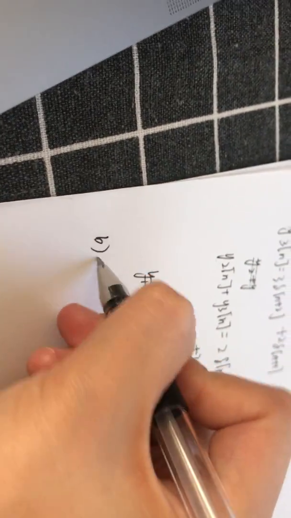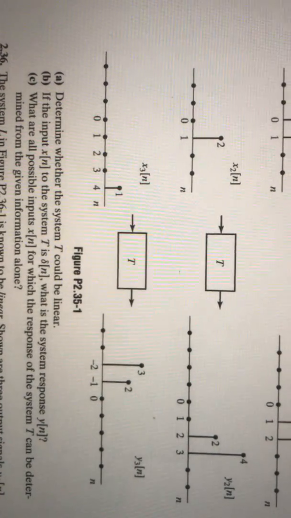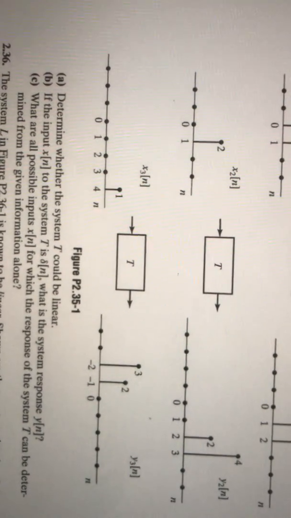So the second question is to prove that if the input x[n] is delta[n], what's the output response y[n]?